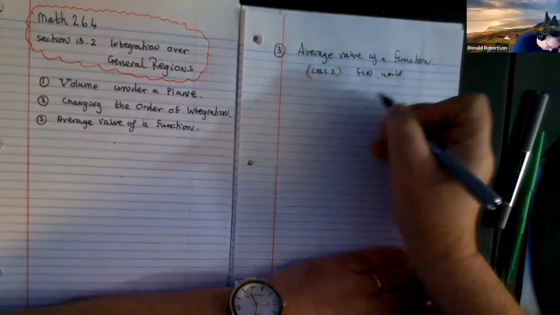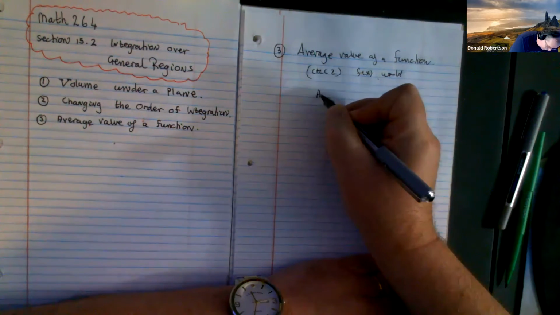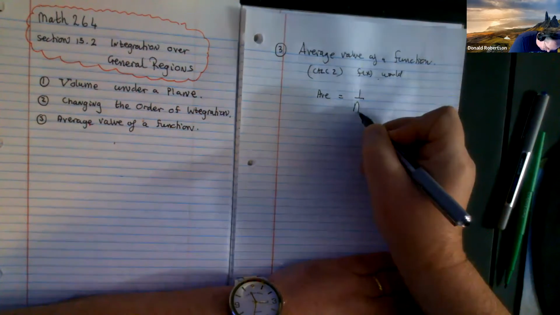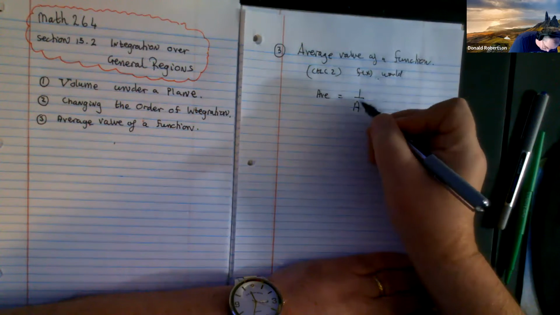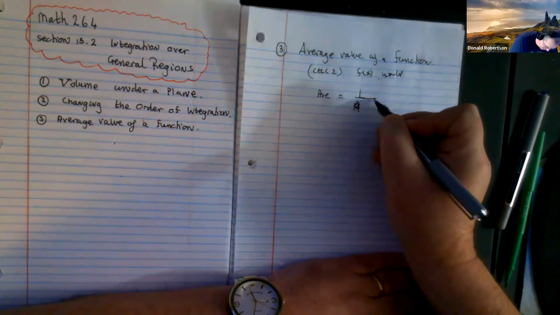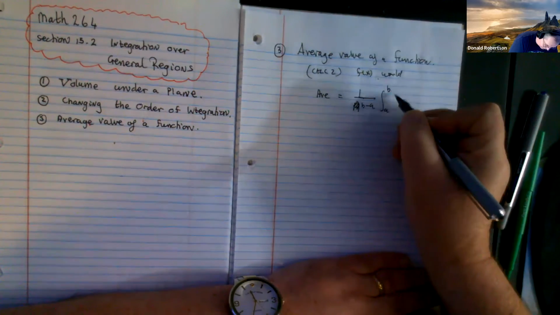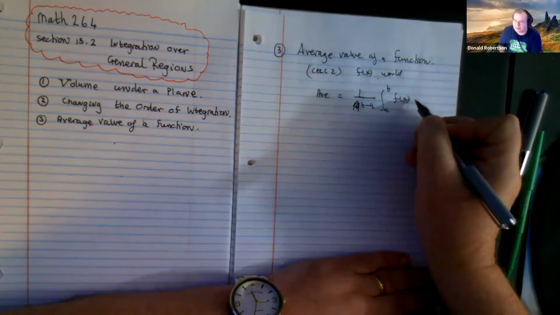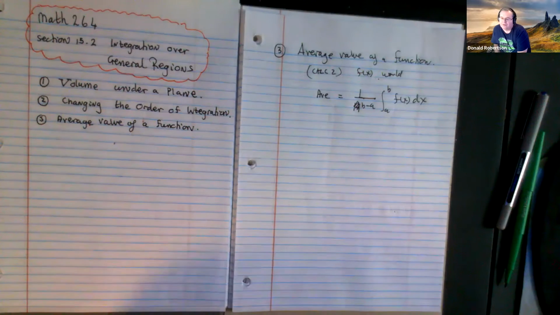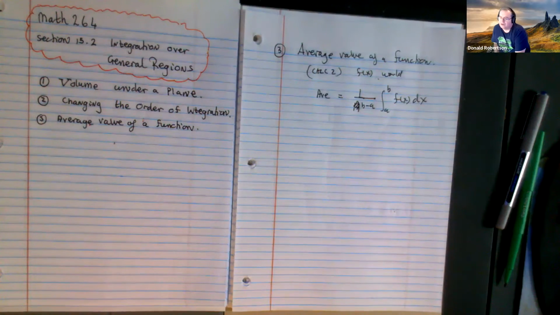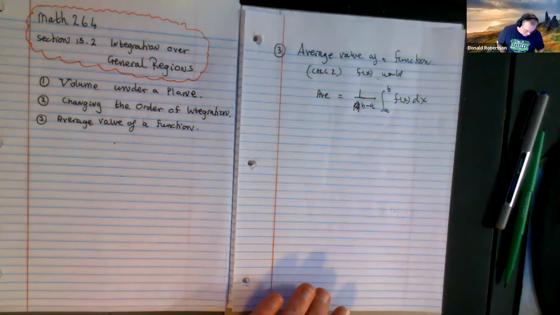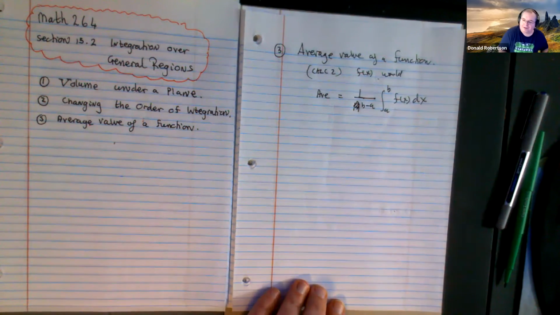Then the average value of a function is 1 over b minus a, the integral from a to b of f of x dx. Can you remember that vague formula? Average value of the function, 1 over b minus a, and then an integral. And if you don't remember it, now I've told you, you'll remember it, right?